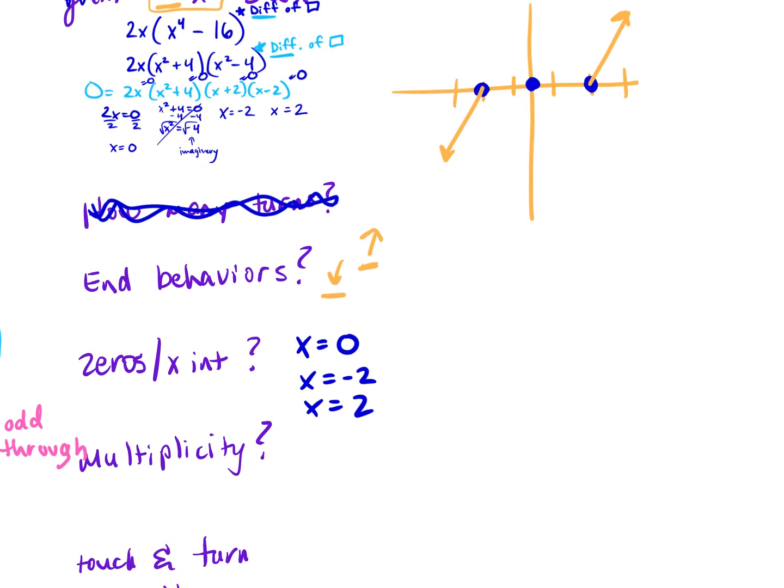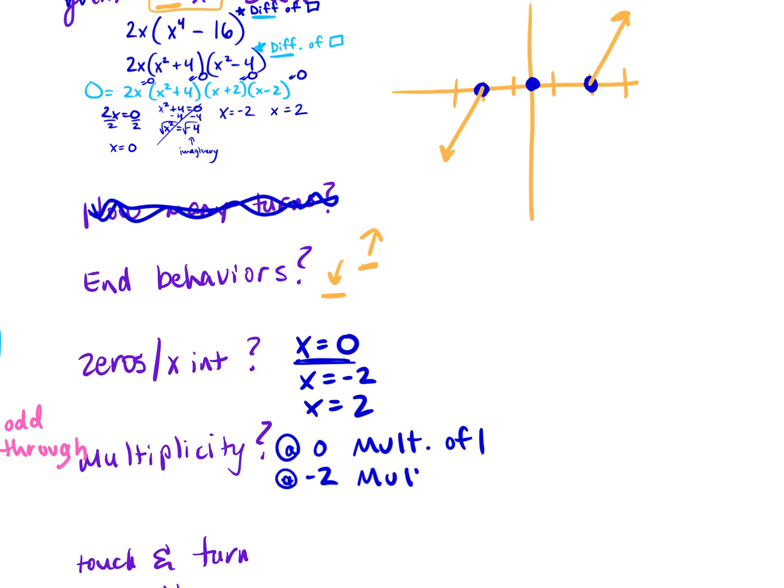Do we have any zeros that repeat? No. How many x equals zeros did I have? Just 1. So at 0, we have a multiplicity of 1. How many x equals negative 2 do I have? 1.